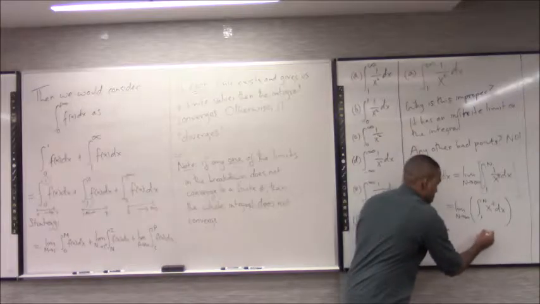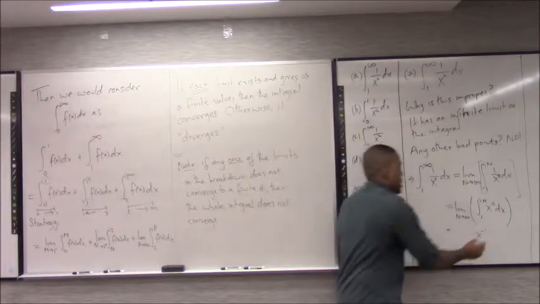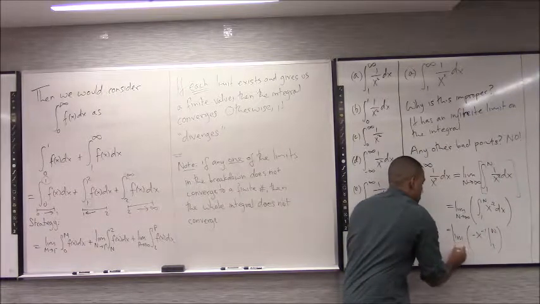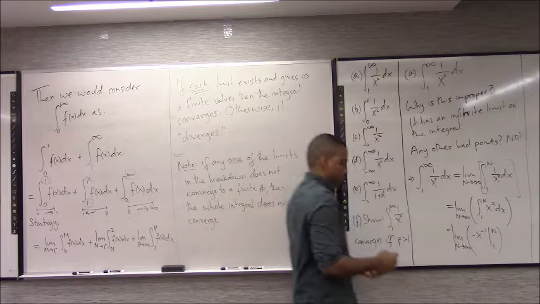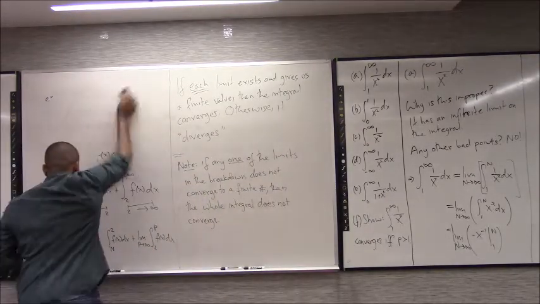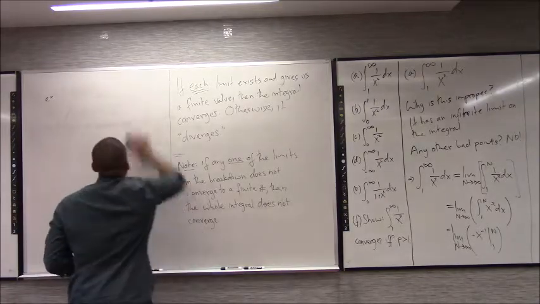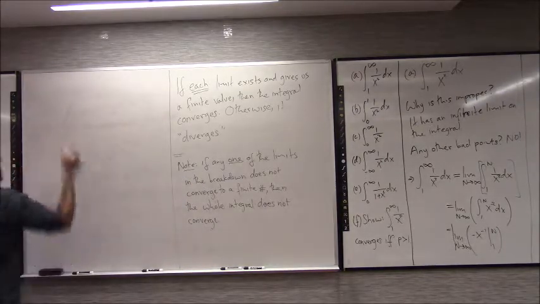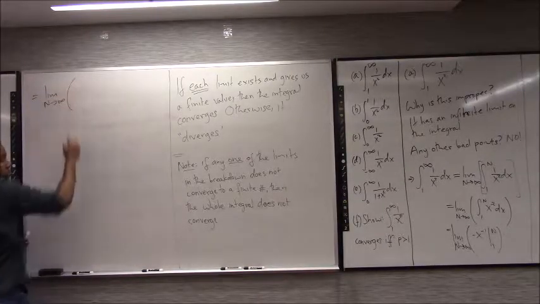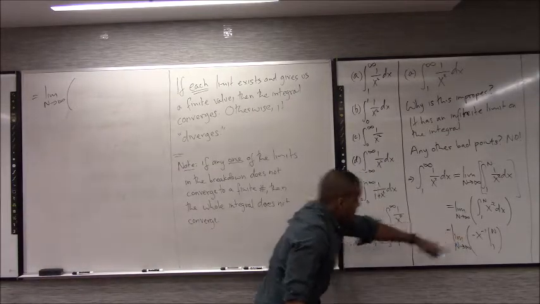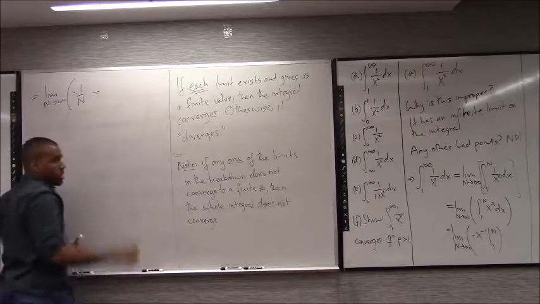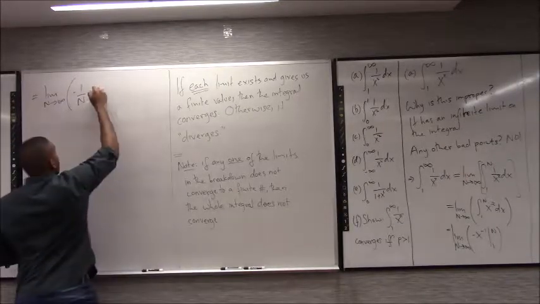You add 1 to the power and divide by the new power. And the fundamental theorem of calculus applies. So now we'll get an expression. What this gives us is the limit as n approaches infinity of, I would plug in the n, it's minus 1 over n, minus, plug in the 1.